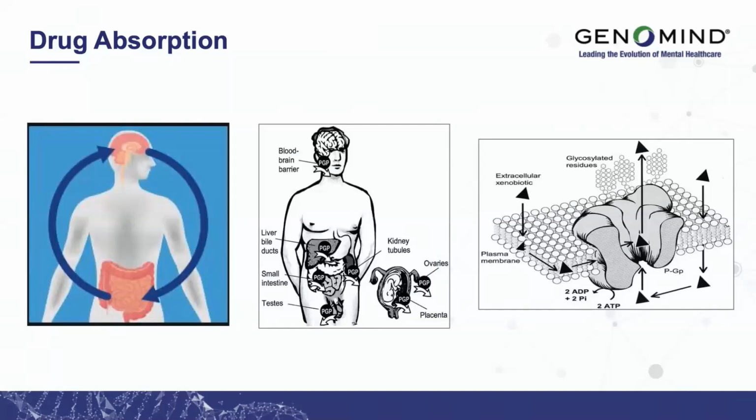Morphine crosses a biological membrane. It could be the blood-brain barrier. And then PGP grabs that morphine and spits it back out. It prevents this from staying within the brain. If it was intestines, it would do the same thing. You would absorb a medication, PGP would grab it and spit it right back out.